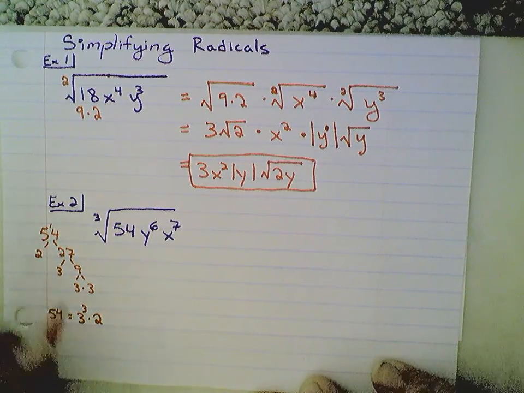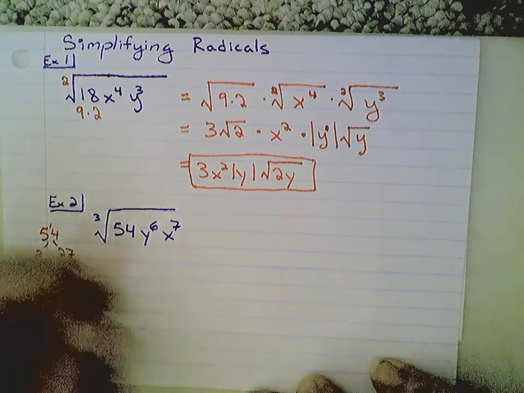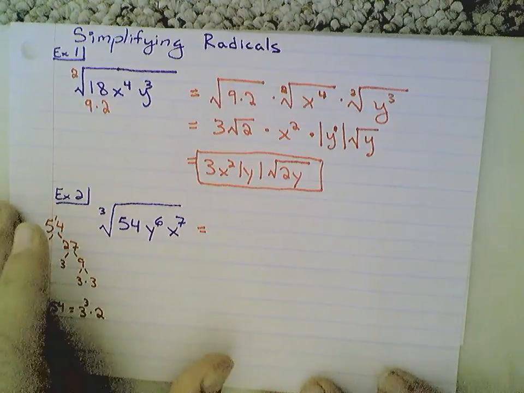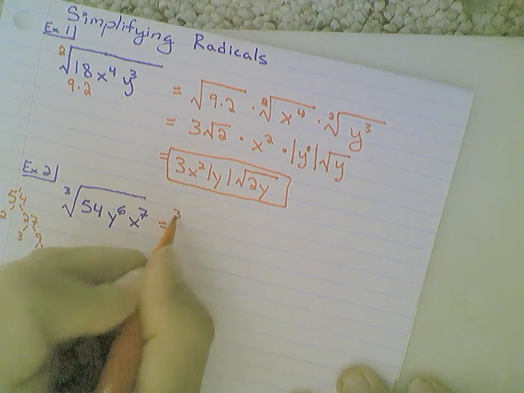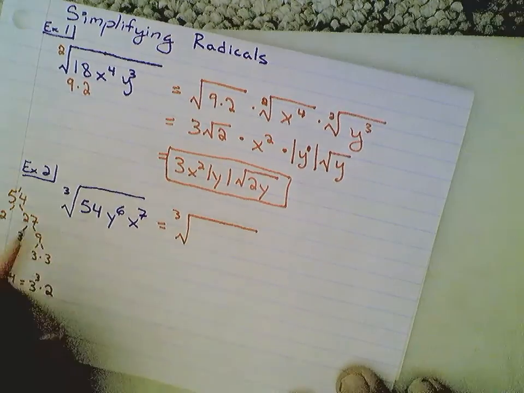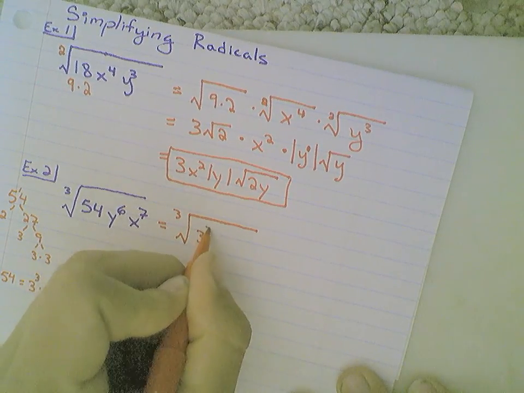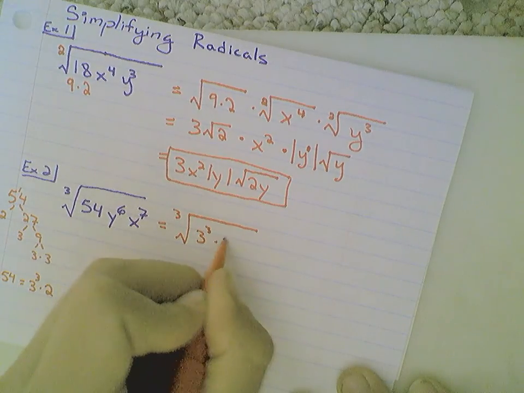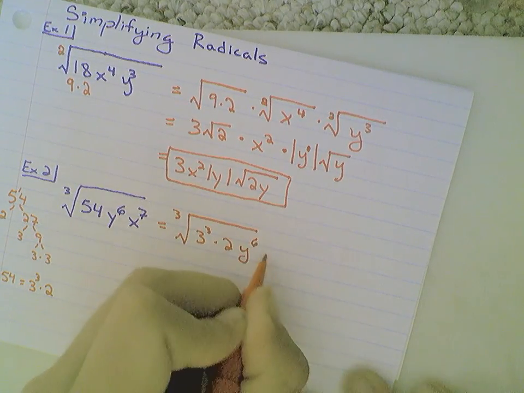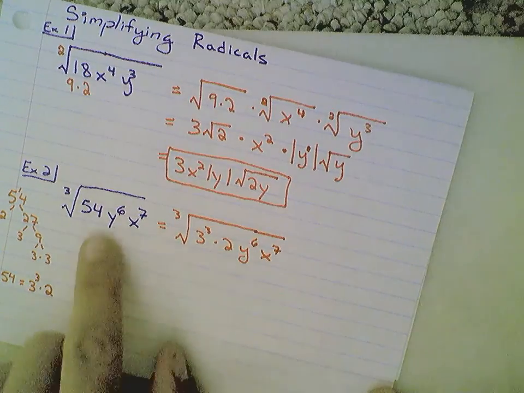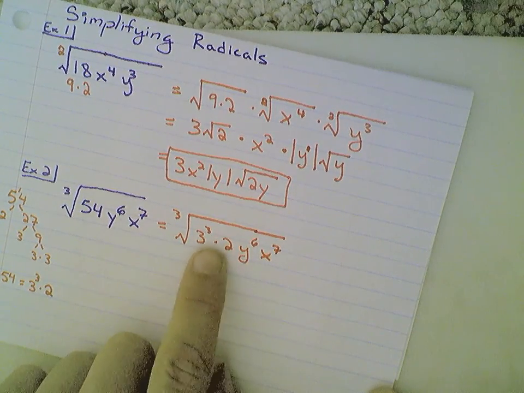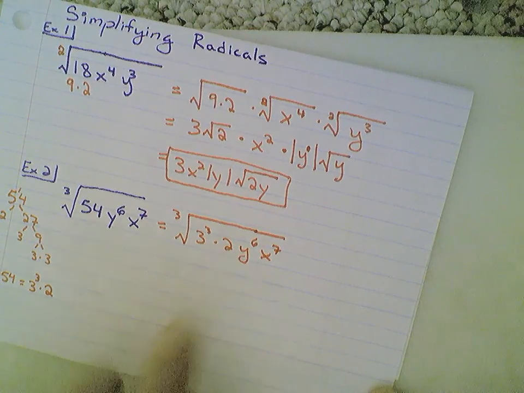Okay. Now what this allows me to do then is I can come back up to my original problem and I can rewrite this as the third root of 3 to the third times 2 y to the 6th x to the 7th. Okay, I've rewritten the 54 as 3 to the third times 2.